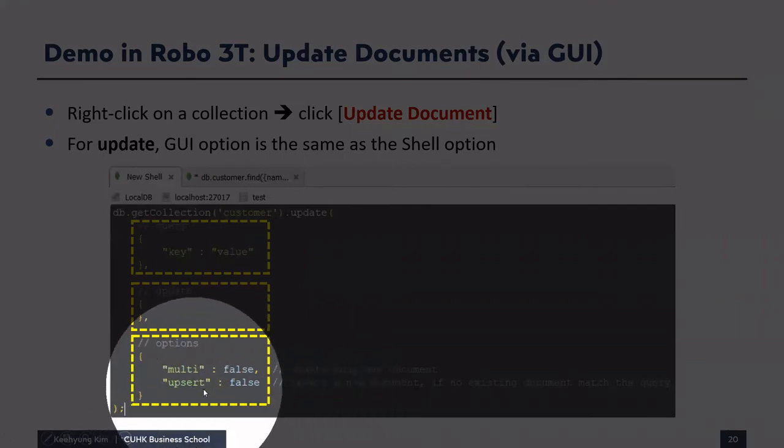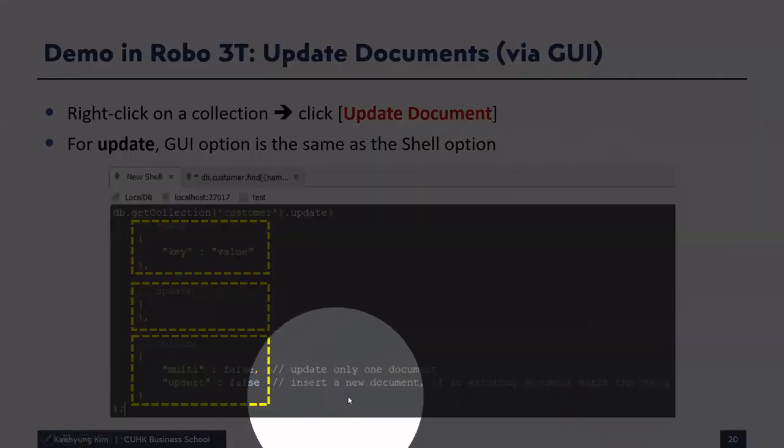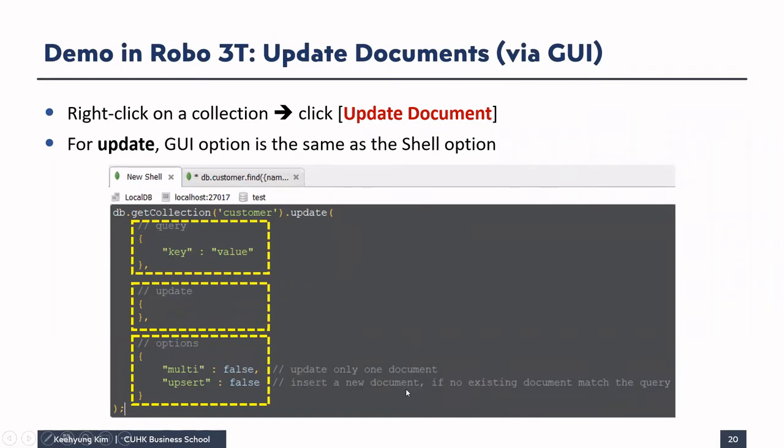You have to decide what happens if there is no match. Let's say you want to update a certain document in a certain way, but it is possible there is no document that matches your query. Then you can choose whether to insert a new document or not. That's the last option, but we are going to talk more about this next class.